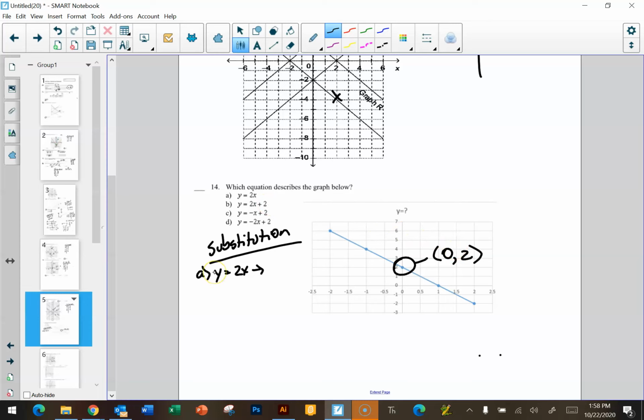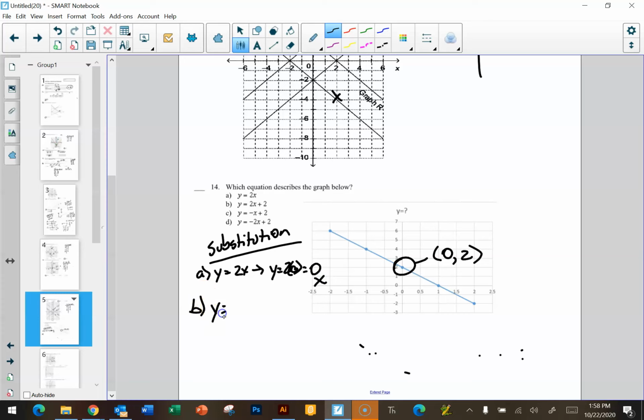So for y equals 2x, we would have y equals 2 times 0, right? Okay, so y equals 2 times 0 equals 0. So in this case, when we subbed in 0, did we get 2 for the y? No, we didn't. So that one doesn't work. Okay, let's check the next one.